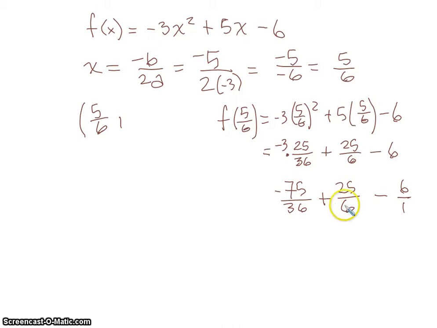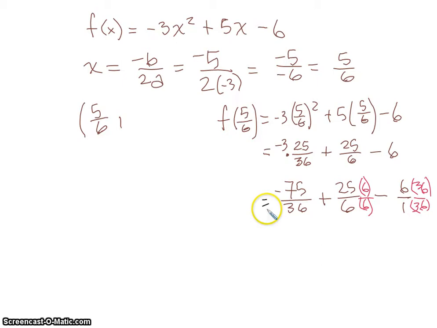So if I were going to get a common denominator, I might want to go ahead and use 36 as that denominator. So I'm going to use some middle school methods here and convert this fraction to a fraction with a denominator of 36 and do the same here. So this one I'm going to multiply by 36 over 36. This one I'm going to multiply by 6 over 6.